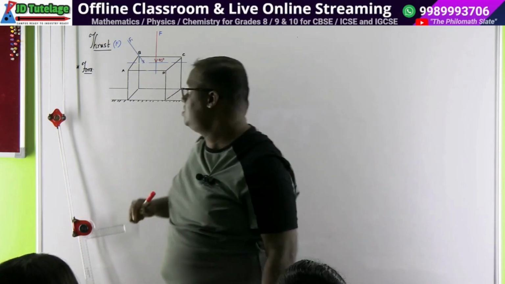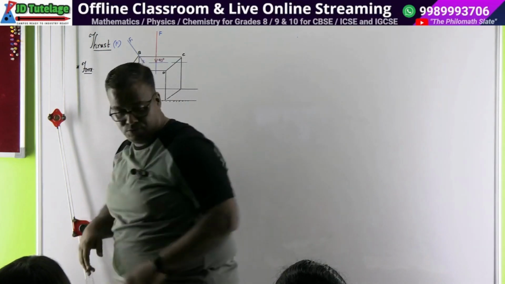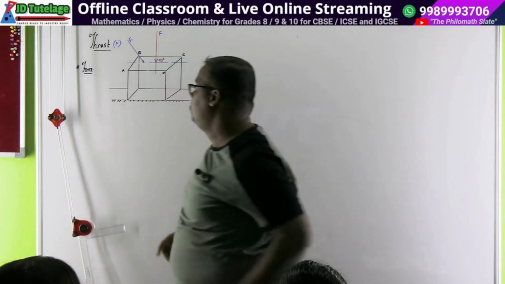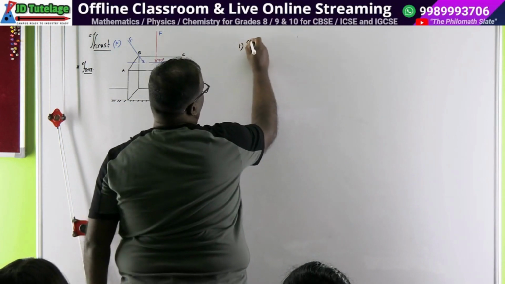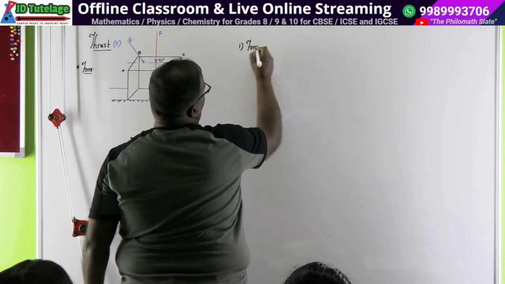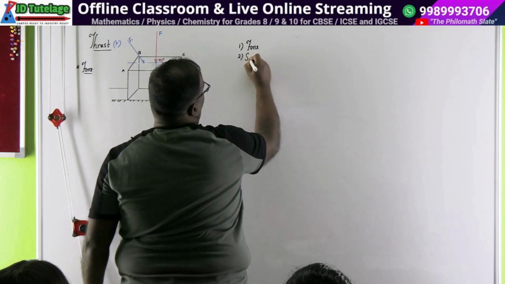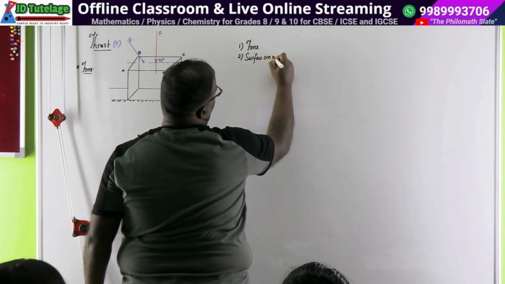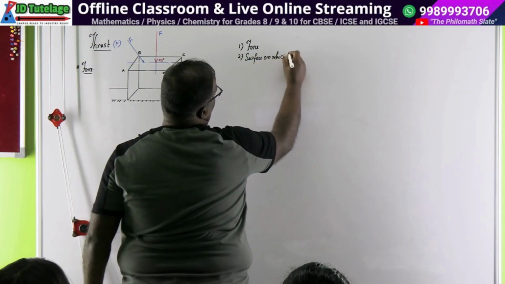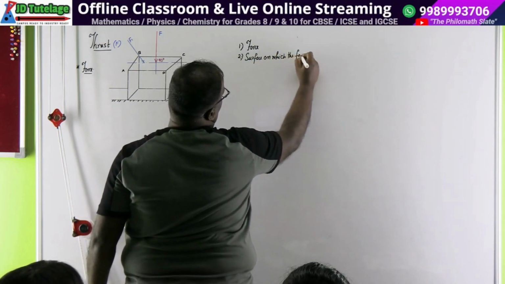If you observe the definition carefully, if you think about thrust, there are two things. You need a force, and you also need a surface on which the force is acting.